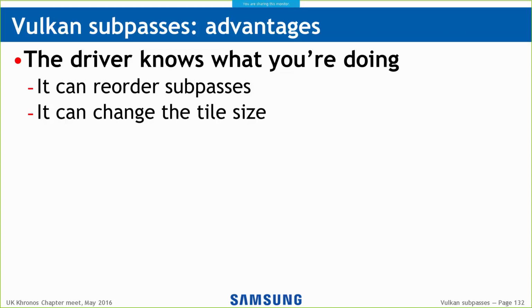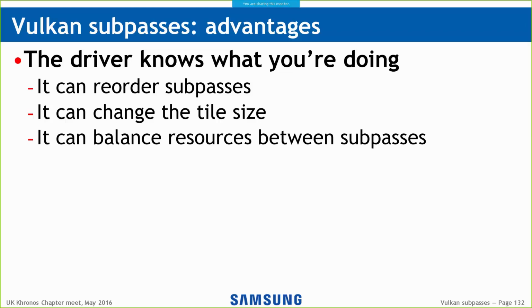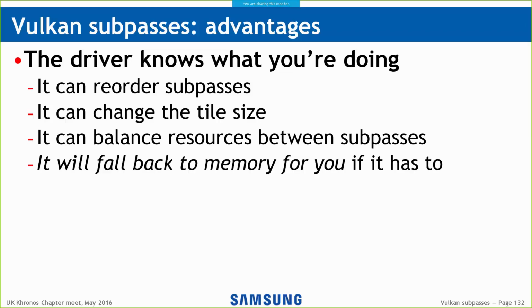You could do some resource balancing. The most important thing is it will fall back rather than you having to worry about this. If you wanted to use more resources than were available in the pixel local storage implementation you were working on, you'd have to write a separate code path yourself. With subpasses, everything will magically work for you.